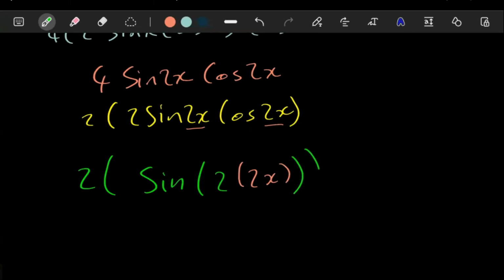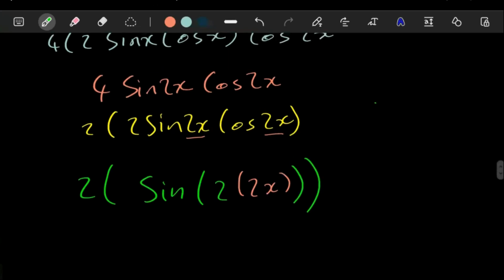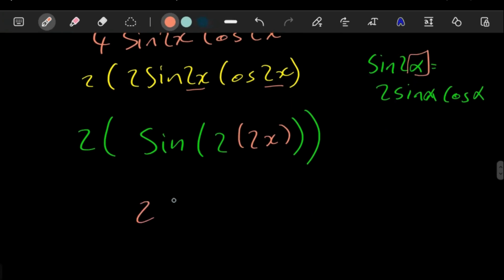So the idea is we know that sine 2 alpha is the same as 2 sine alpha cos alpha. So in our case, where you see alpha over here, we have a 2x. So it's a matter of dropping 2x over here, which is what we have. So it's going to be 2 sine 4x. There we go. Much lovelier. Let's keep it going.